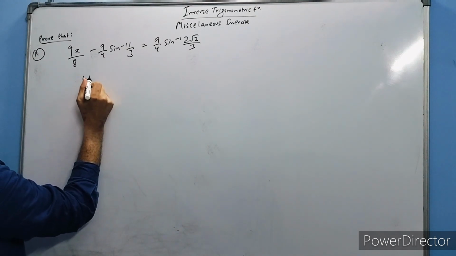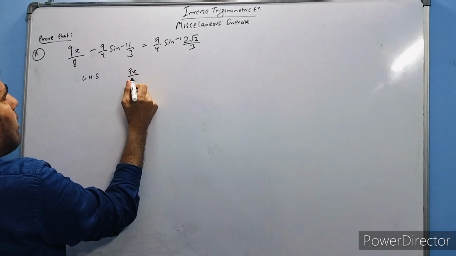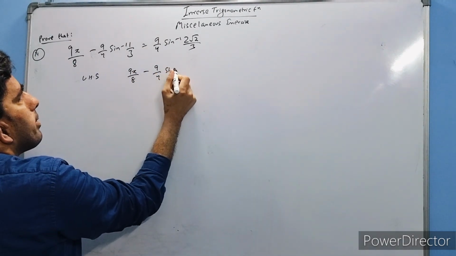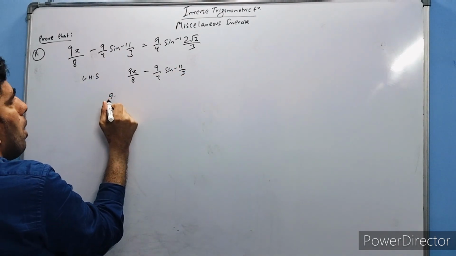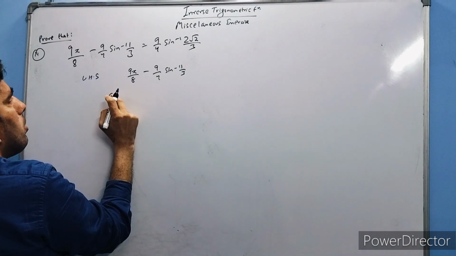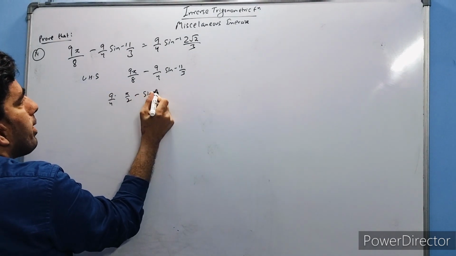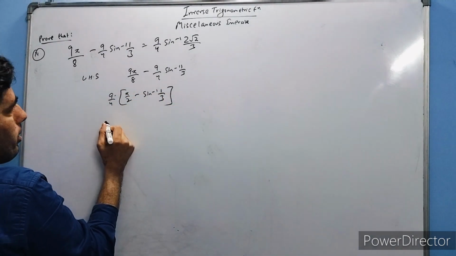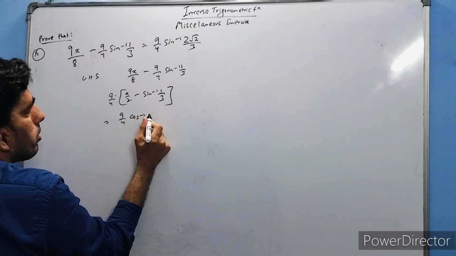LHS we have 9 pi upon 8 minus 9 upon 4 sine inverse 1 upon 3. Take 9 upon 4 common. So I have pi upon 2 minus sine inverse 1 upon 3. I will write this as cos inverse 1 upon 3.